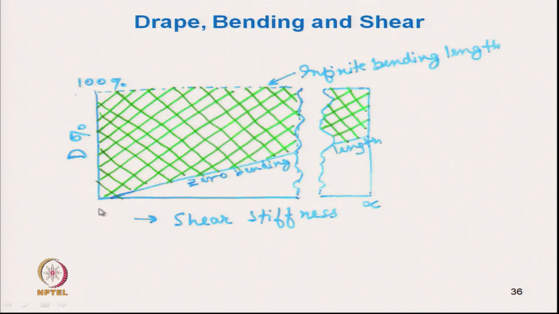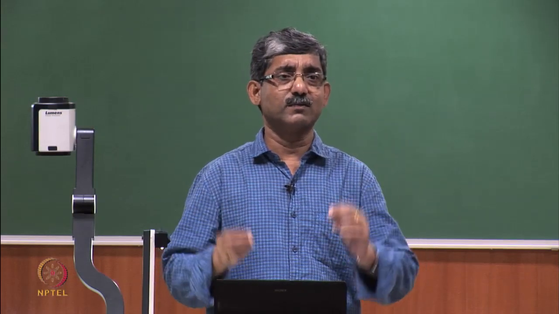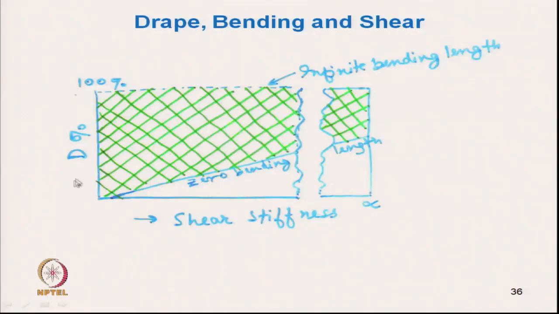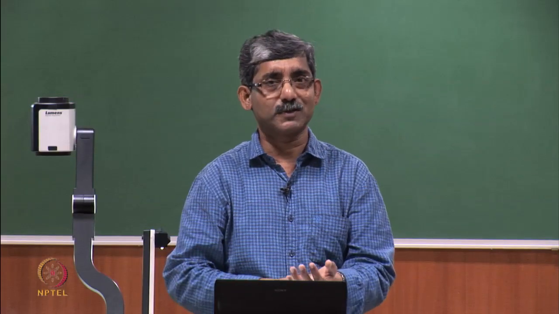At 0 shear stiffness, if the fabric bending length is small, it means it is highly flexible, and in that case the drape coefficient will be 0. That means it will simply fall, as I have mentioned earlier, 0 drape coefficient.